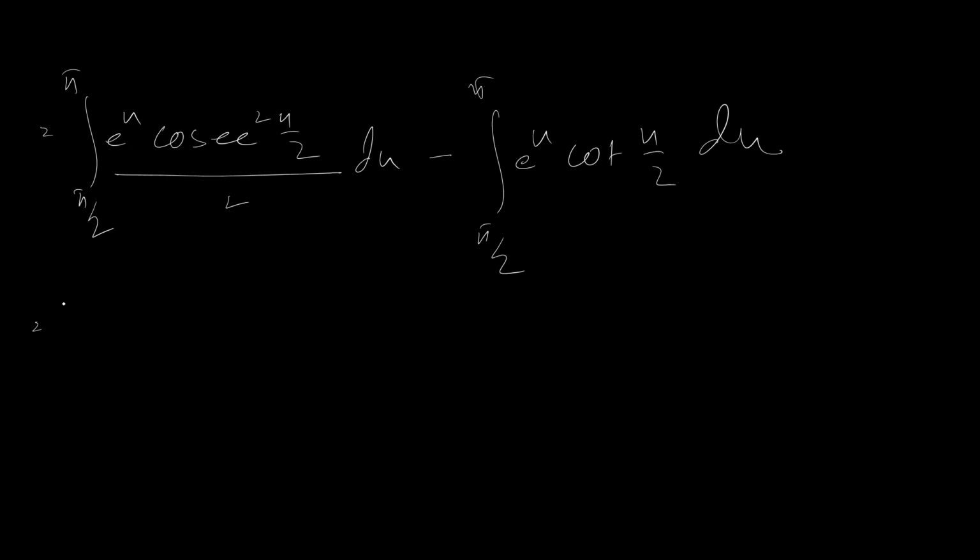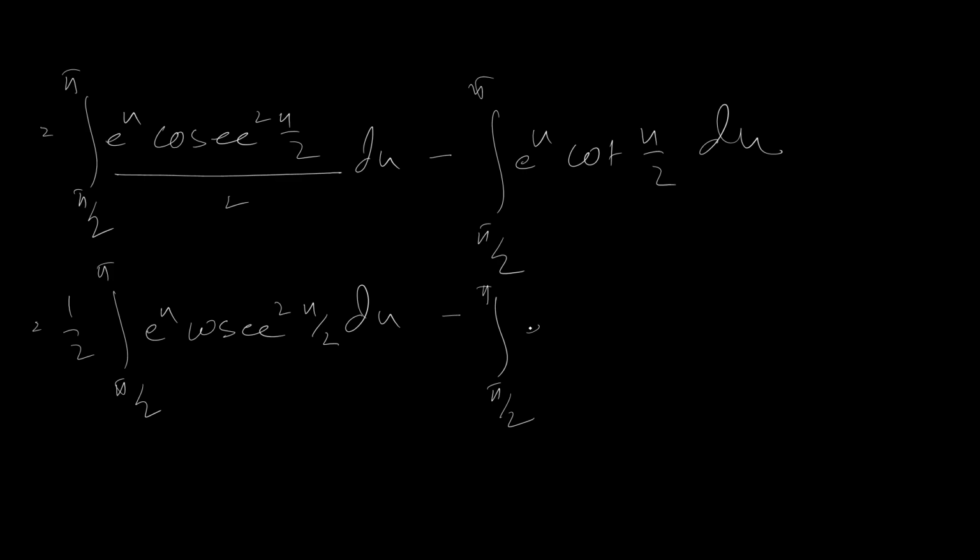So now this becomes 1 by 2 times the integration from pi by 2 to pi of e to the power x cosec square x by 2 dx, minus the integration from pi by 2 to pi of e to the power x cot x by 2 dx. Now what I will do is keep this part the same and do the integration here.